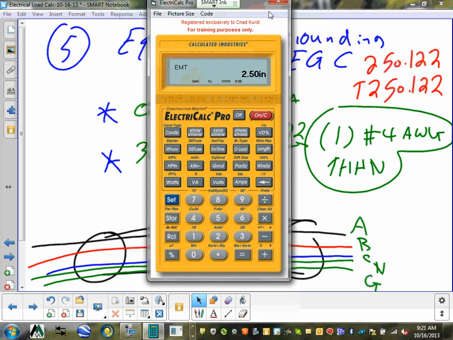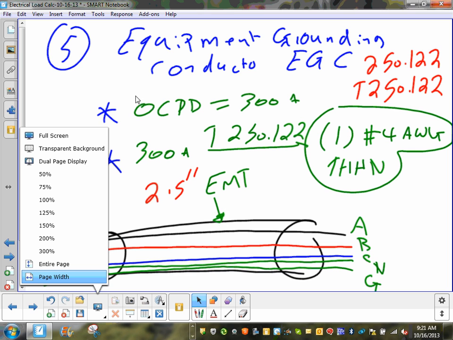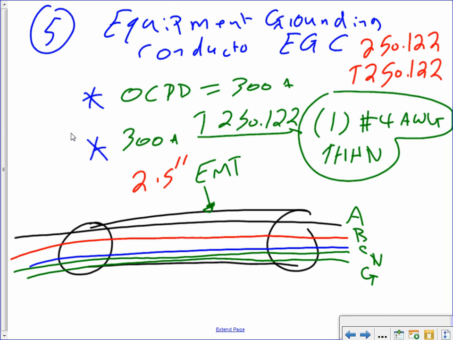So this conduit will be 2.5 inch EMT conduit. You will be sizing it for your project, not mine. Okay, 2.5. I'm not asking to size these for this example, but for the test, you're going to do it.